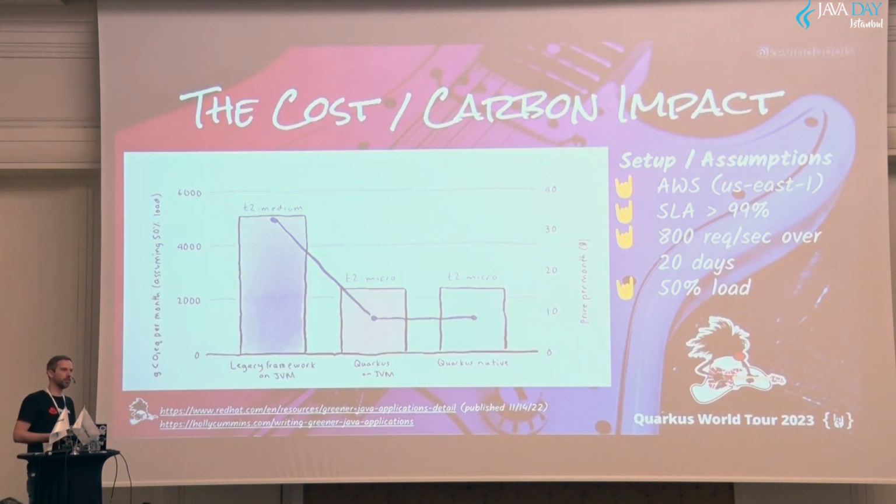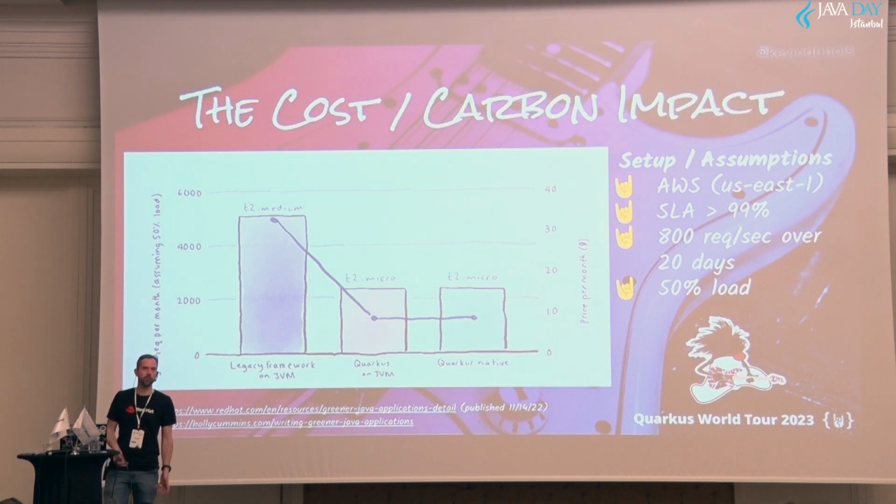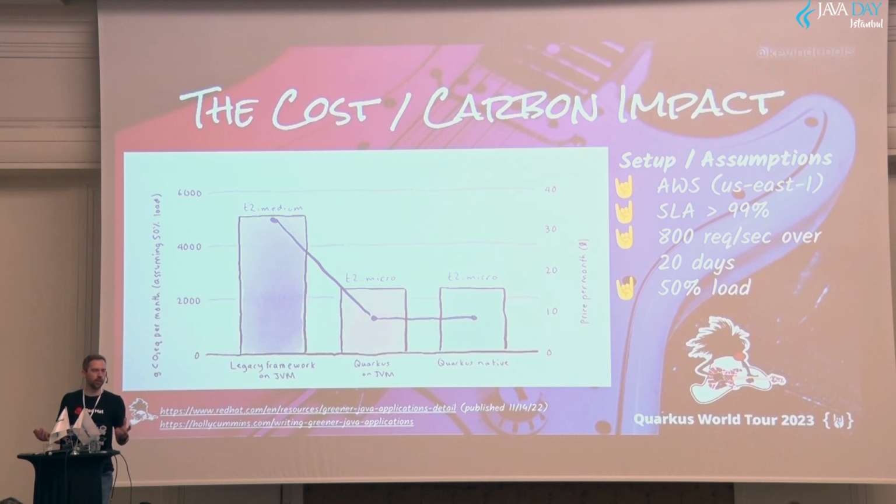And there's also the fact that we want to save resources and make our carbon footprint smaller, and that's something that also helps with Quarkus, because it's using fewer resources, it's costing less in the cloud, and it's using less electricity. And so maybe we're also saving our planet a little bit.